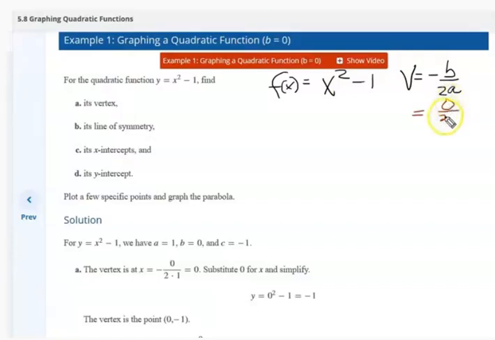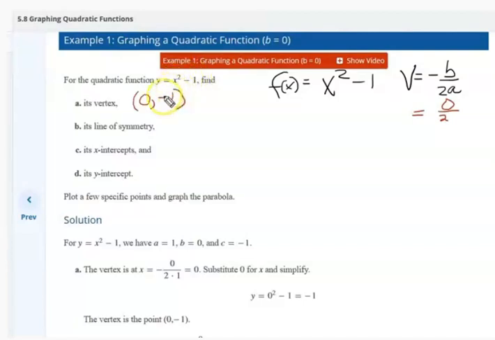So 0 divided by 2 is 0. So for part of our vertex, that's going to be 0. Now if x is 0, what is my y? Where the x is, you put in a 0. So it says y equals -1. That one was easy.